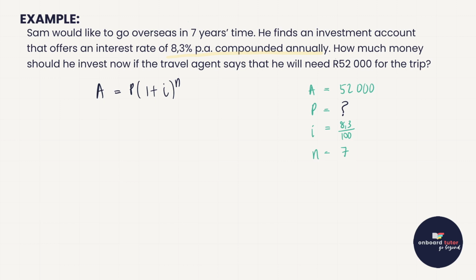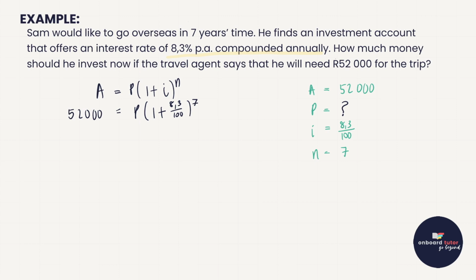So now we're going to substitute in. 52,000 Rand = P(1 + 8.3/100)^7. Now we want to end up with as little rounding off in between as possible. We want our answers to be accurate.